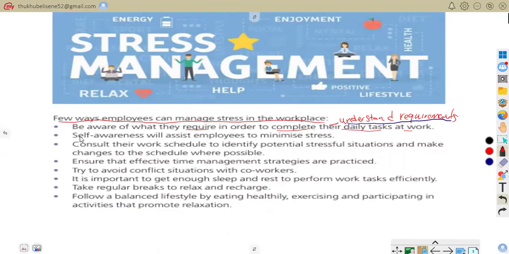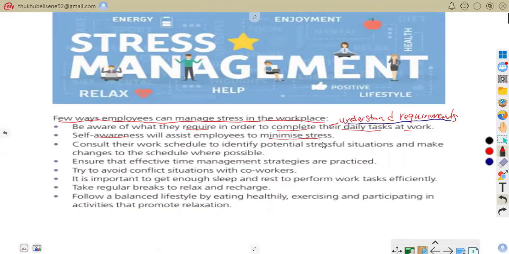Also, self-awareness will assist employees to minimize stress. Practice self-awareness by recognizing stress. Recognizing stress helps you manage it early.